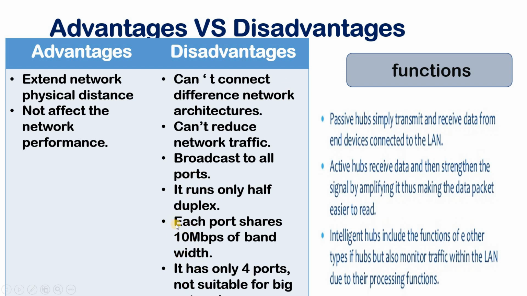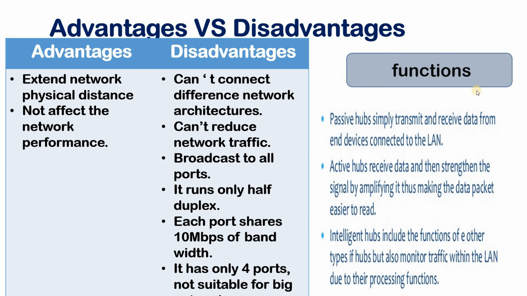That is the disadvantage. And the hub's ports share up to 10 megabits per second of bandwidth, and it has only 4 ports. That is the limitation. And those are the main functions conducted by the hub.